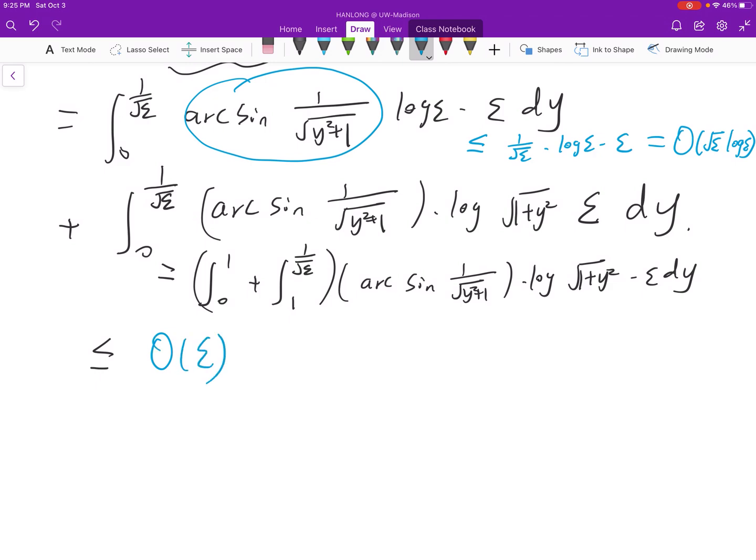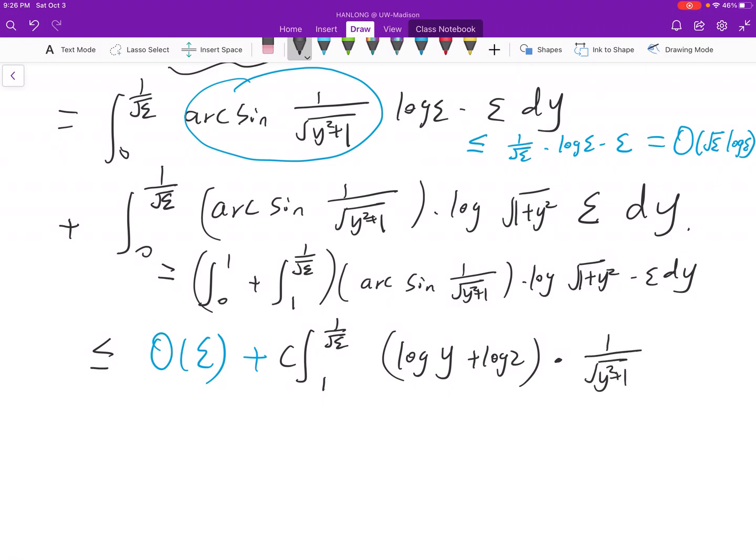And for the second one, we do some estimate. We can change log square root 1 plus y squared by log y plus log 2 times some constant c. And for the arc sine part, we can bound it also by a constant times 1 over square root y squared plus 1 and times epsilon dy.